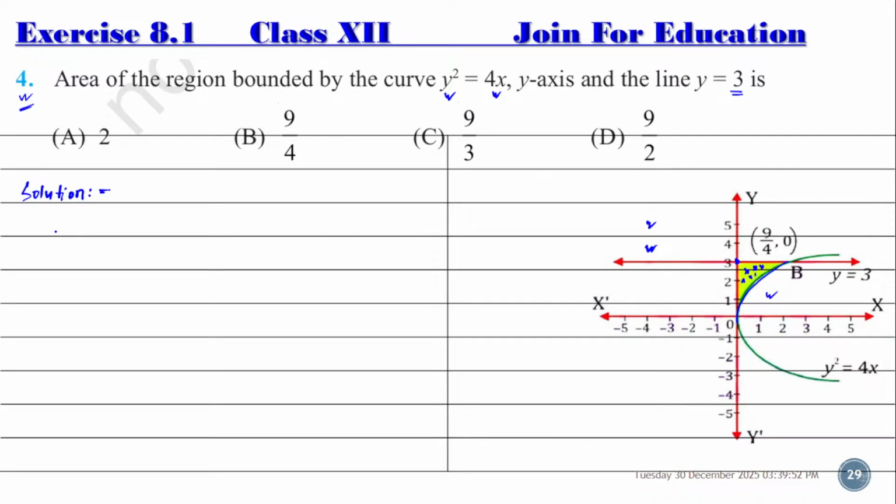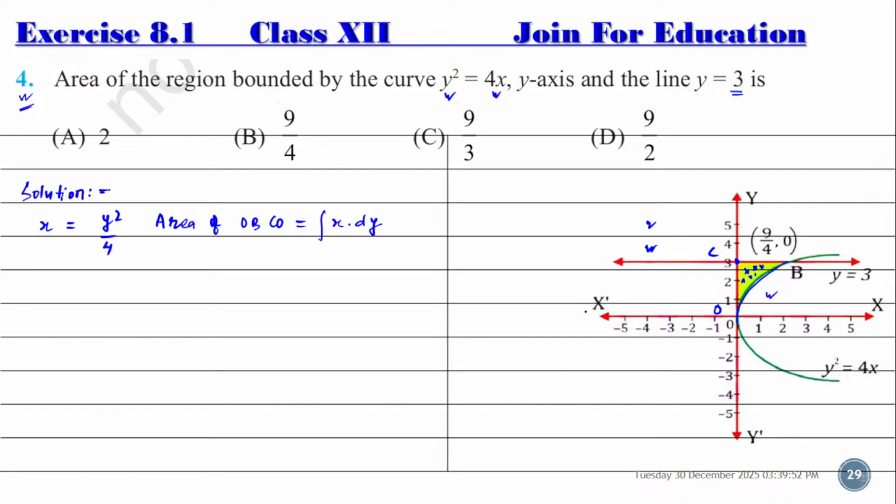So we write down here x equals y square by 4, and the area of the shaded region equals, we write down here O, B, suppose this is C and suppose this is the origin O. So the area of OBCO equals x into dy.